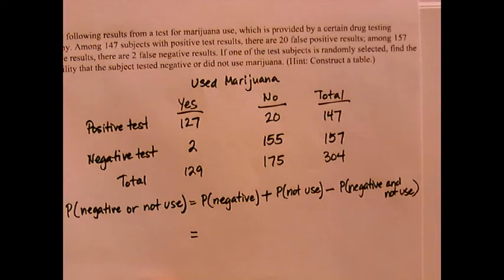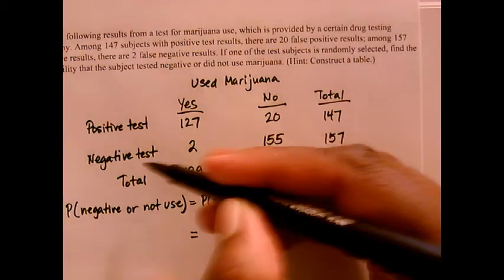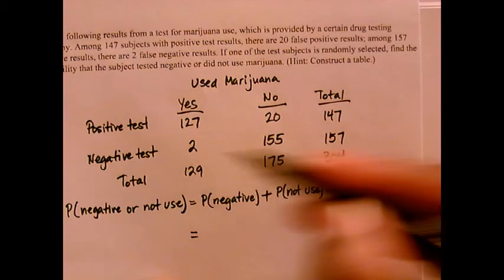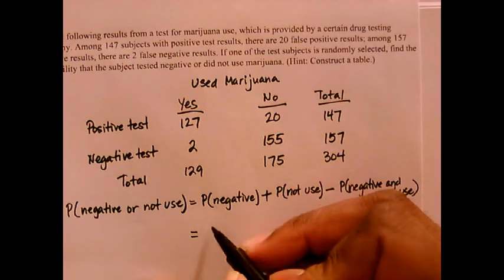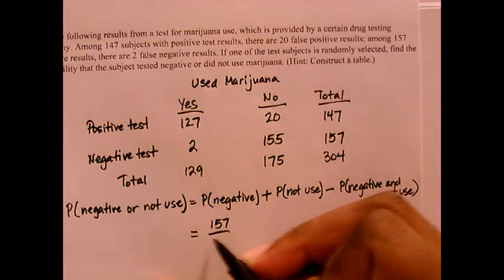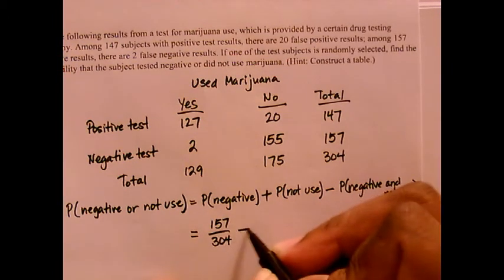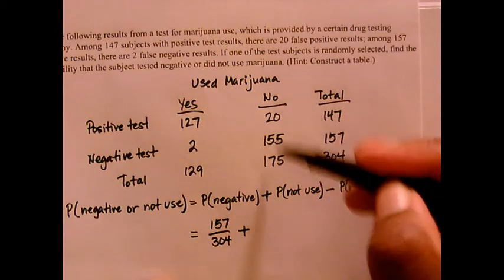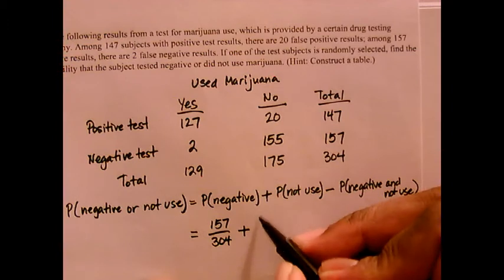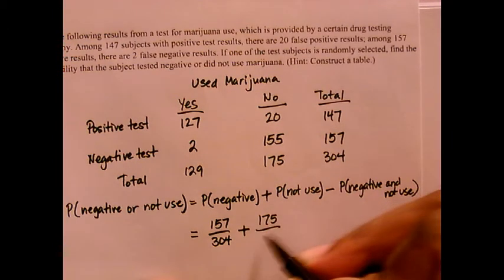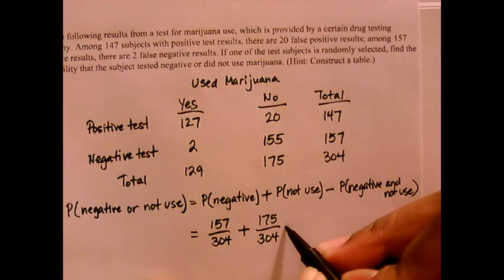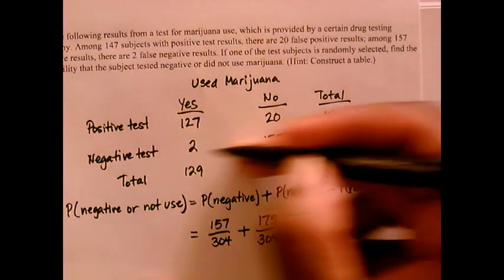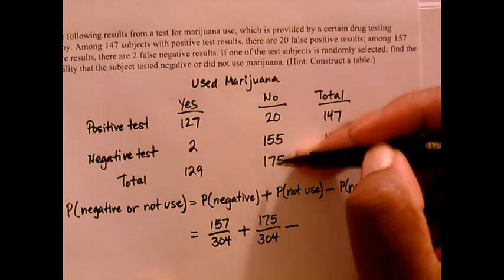Alright, so in this case, the probability that somebody got a negative test result, that's the total of negative tests, that's 157 out of 304, plus the probability that this person did not use marijuana, that's this column here, that total is 175 out of 304, minus the intersection of a negative test and someone who did not use marijuana.